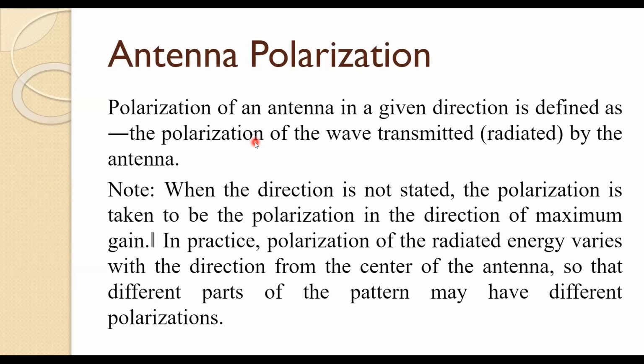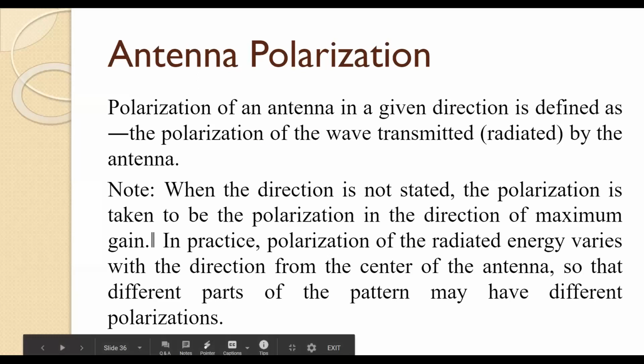For example, suppose this is the z-axis, this is the x-axis, and this is the y-axis. The direction of the electrical field vector can be in the x, y, z direction.